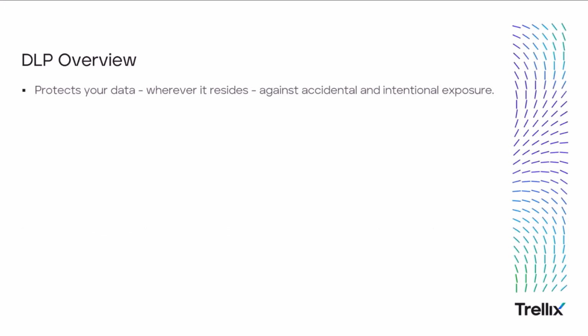Before I move on further, let me brief about data loss prevention. Detection and prevention of critical data loss are the main functionality of data loss prevention. It does not matter where the data is and if it is sent knowingly or unknowingly.